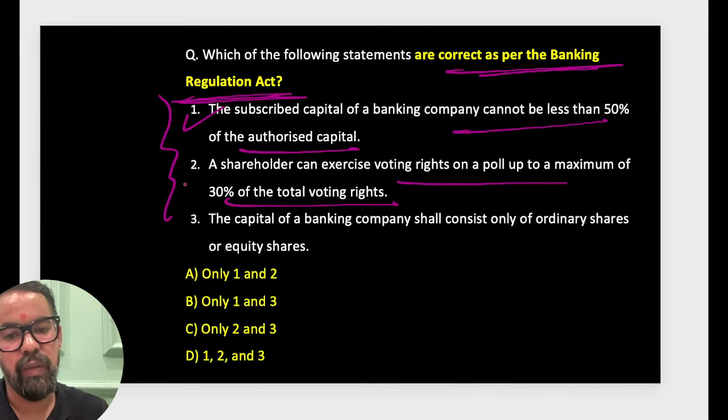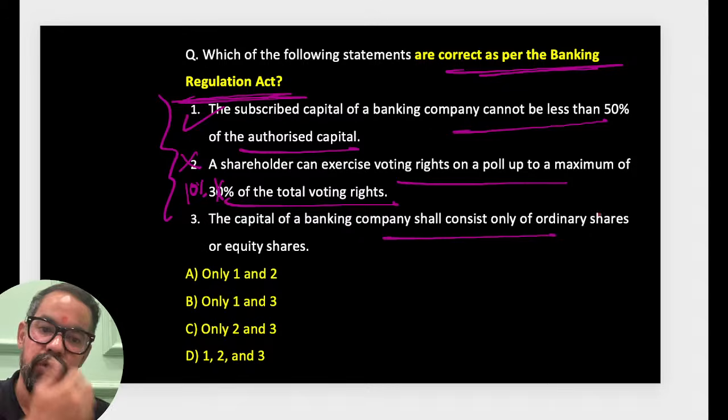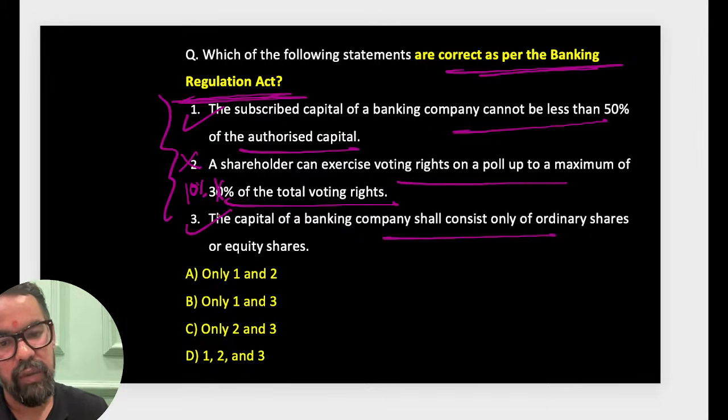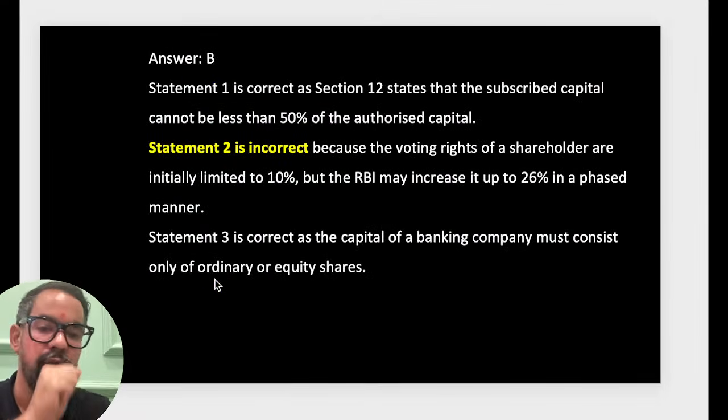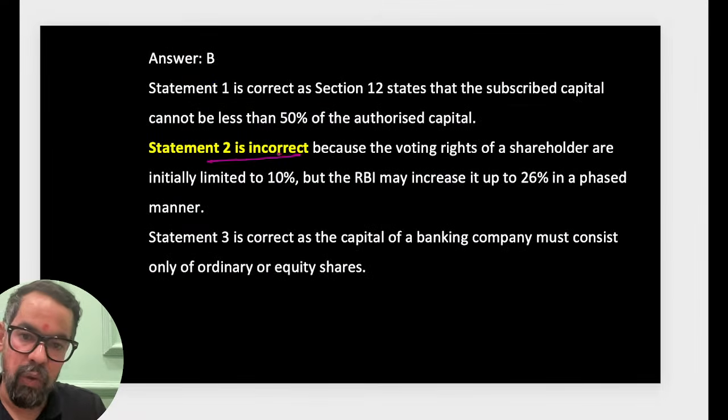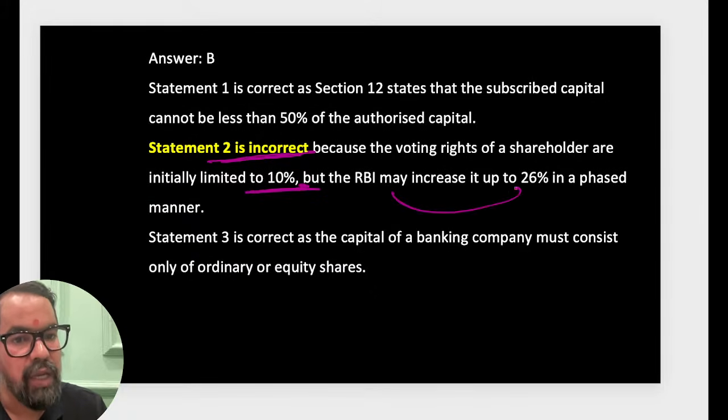No, it is 10%, maximum 10% of poll vote. And the capital of the banking company shall consist only of ordinary shares or equity shares. So option B will be the right answer for this one. When it comes to this, it is 20%. RBI may increase it to 26%, but in no case 30%.